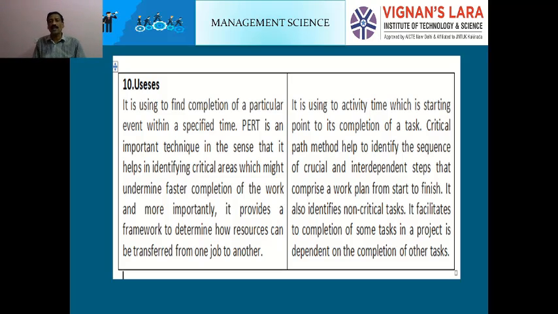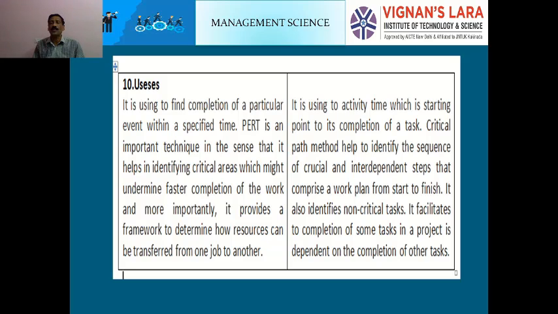While at the same time, the CPM method is very much used for identifying the sequence of paths. That means identifying the critical path in the project work, the longest path in the project work, which is very useful to know the variations at each and every task, starting and completion. That is, CPM is used for activity time, from the starting point to completion of a task.